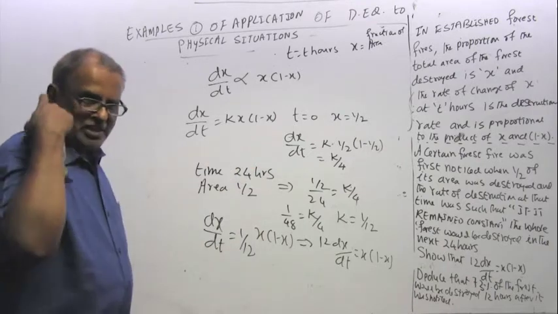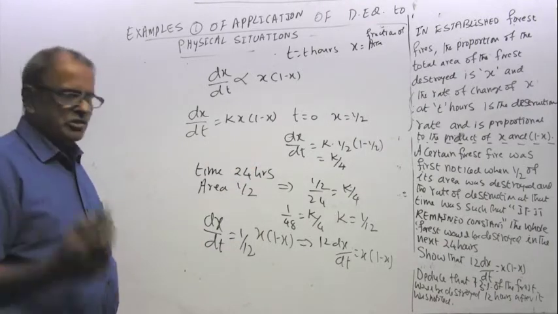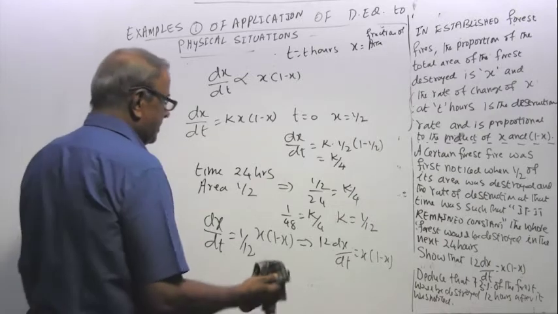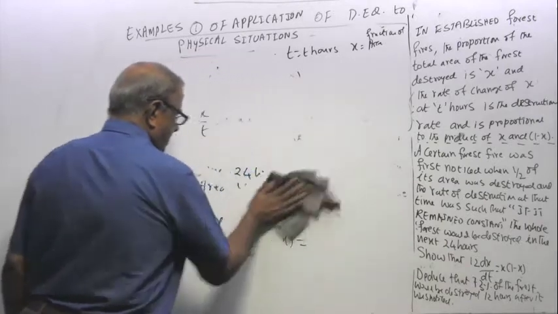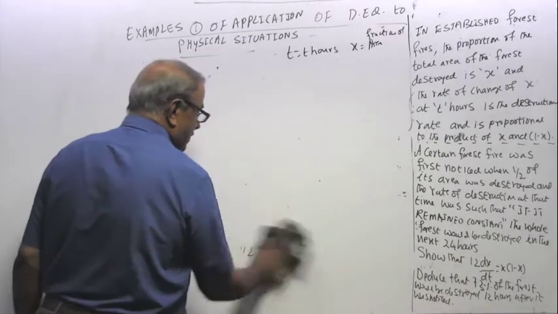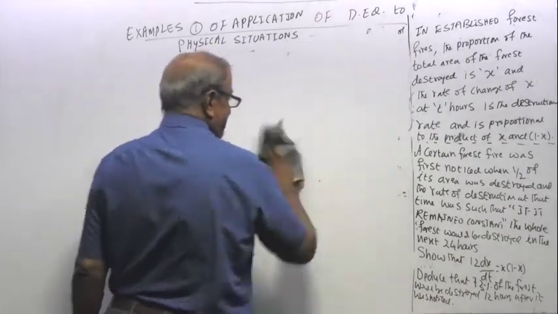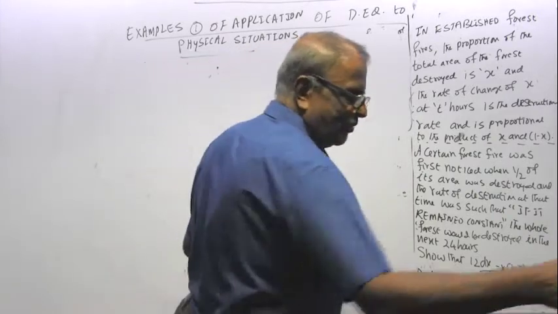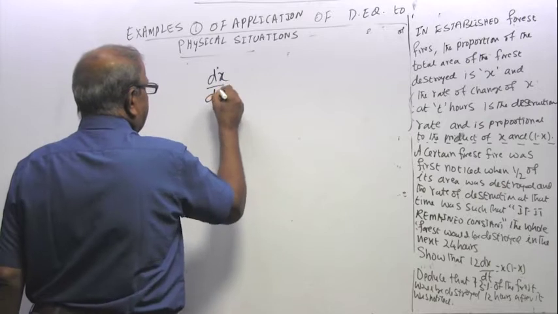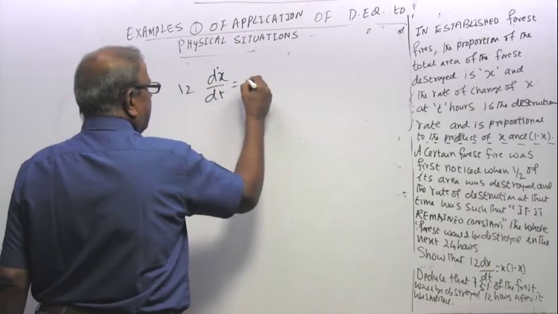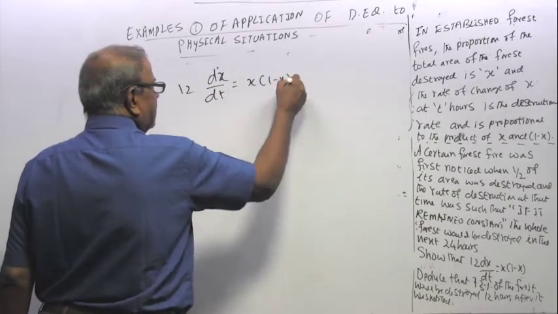I remember this question distinctly because it's a beautiful question to solve and a challenging question. So now we have proved it. Would you have thought of it? Oh my, it's wonderful. So 12 dx by dt is x times 1 minus x.